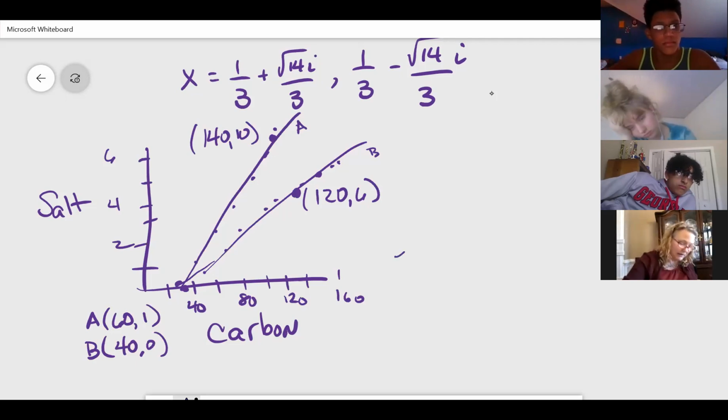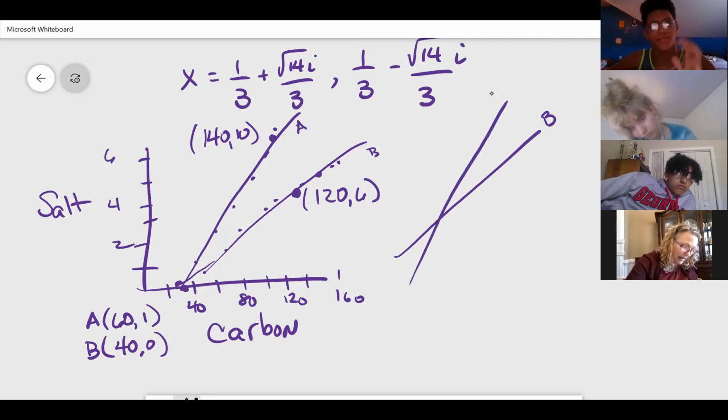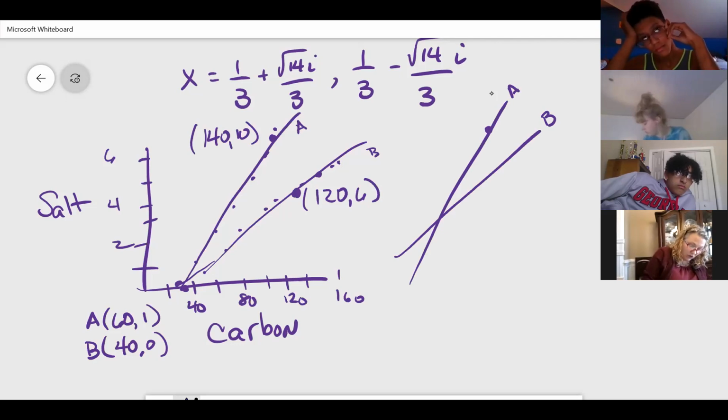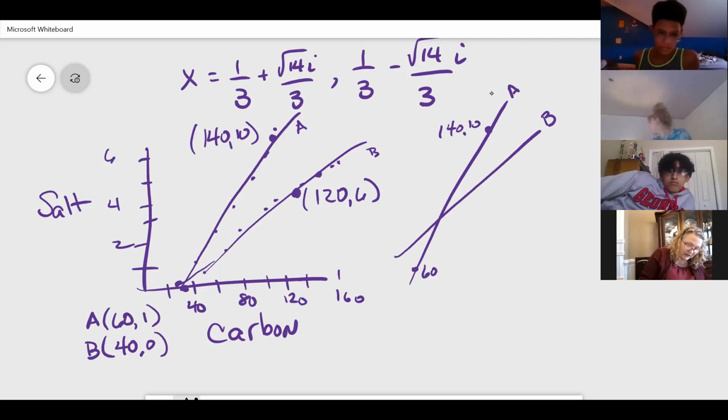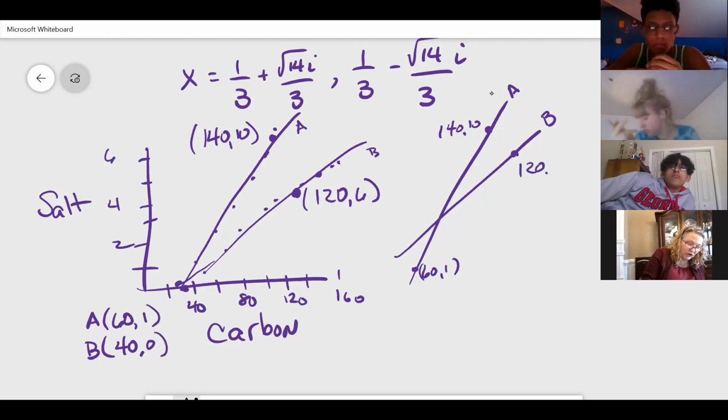So I've got 2 different lines. If you think about it, I've got a line B and I have a line A. Okay. And I've plotted 2 points on those lines. On line A, I've got this 140, 10, and I've got down here this 61. And on B, I've got this point right here, 126, and I've got this point over here that's going to be 40 and 0.